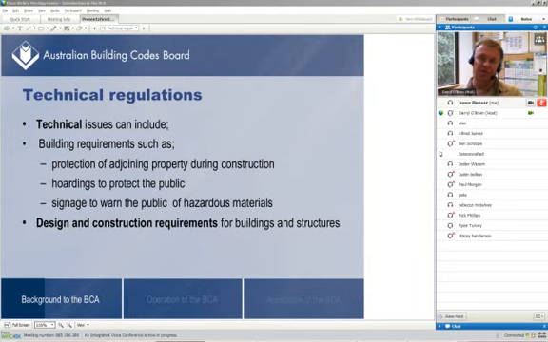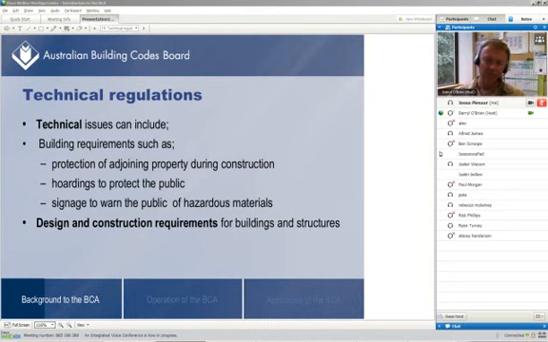The BCA calls up a number of adopted standards, such as, not in the case of Volume 2, but in Volume 1, if you can see that, AS 1428. That's the standard for disability access into buildings. So that'll be a reference standard that you'll see in the front of the BCA. It'll show you where the reference standards are.